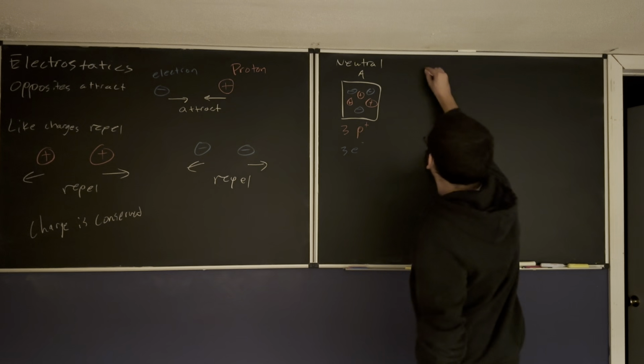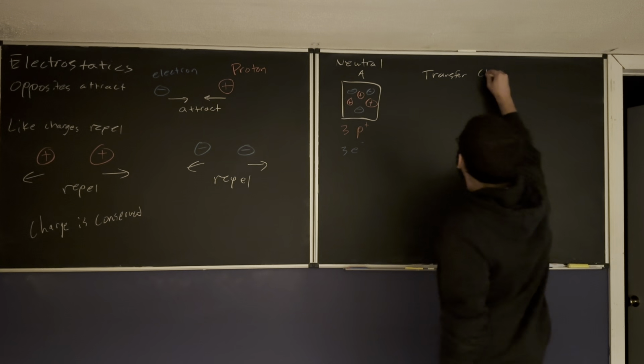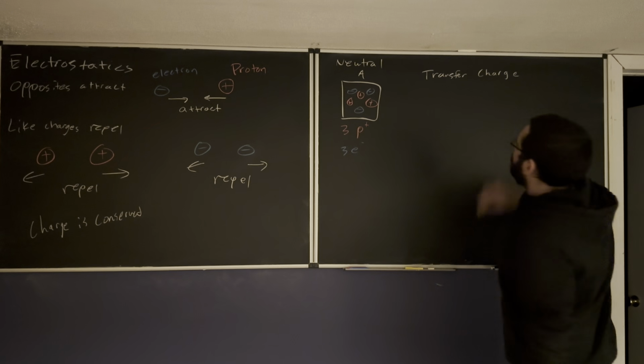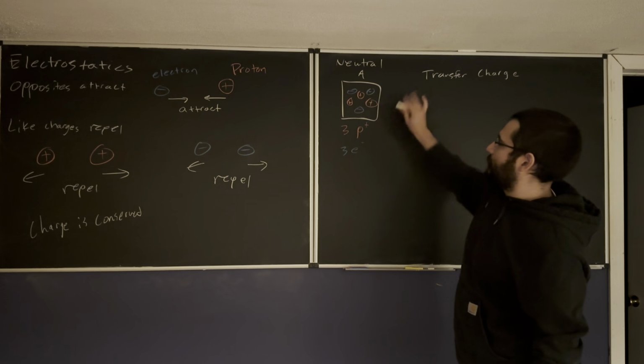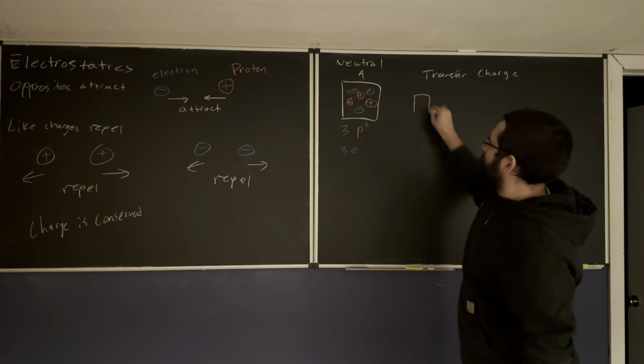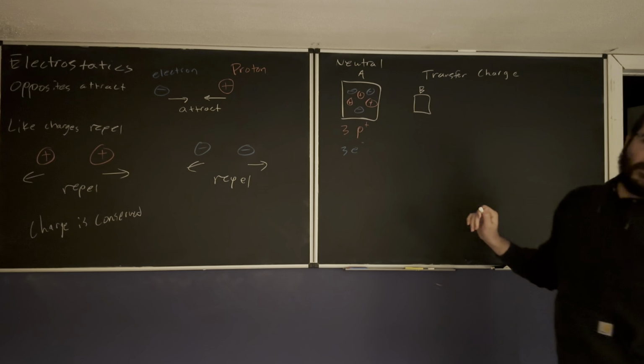So if we transfer charge, what happens? Let's say we're going to transfer some charges to object B. And for object B, I'm not going to put any protons and electrons or anything like that.